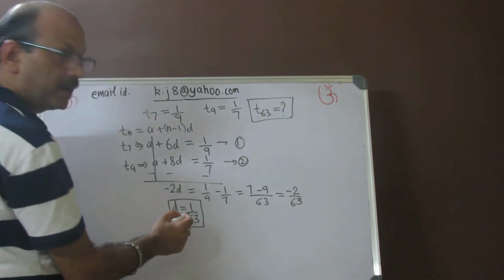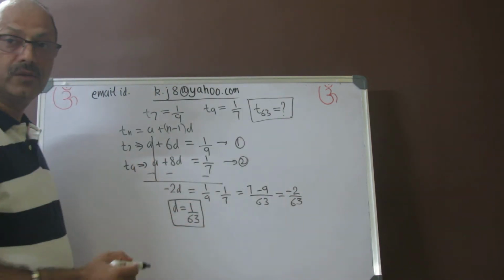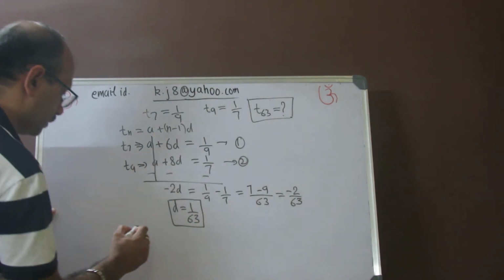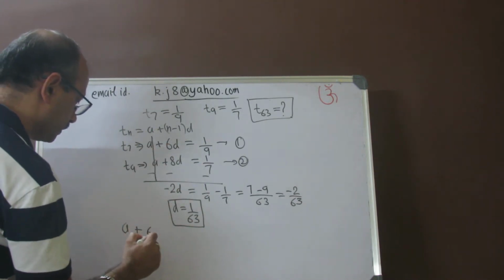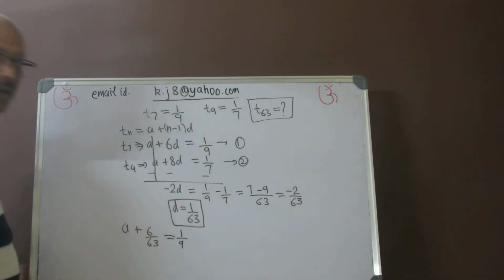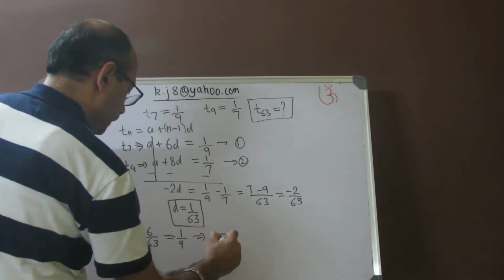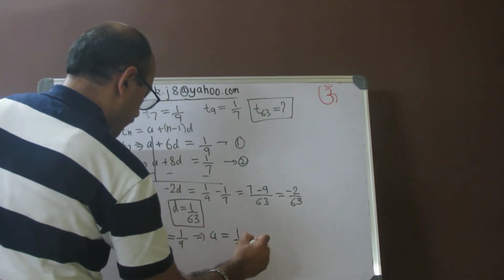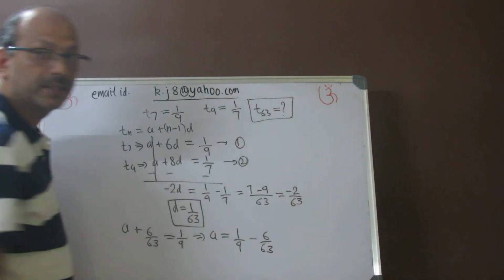Now we will put this value of d in any equation and get the value of a. So let us say a plus 6 upon 63 equals 1 upon 9, which will give me A equals 1 upon 9 minus 6 upon 63.